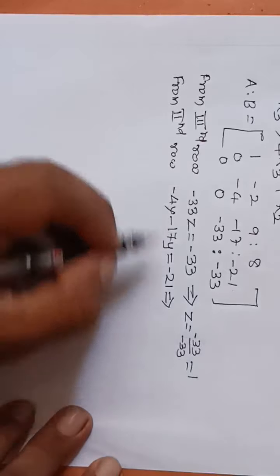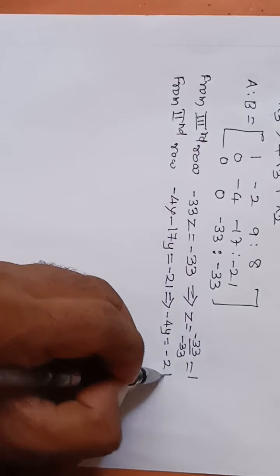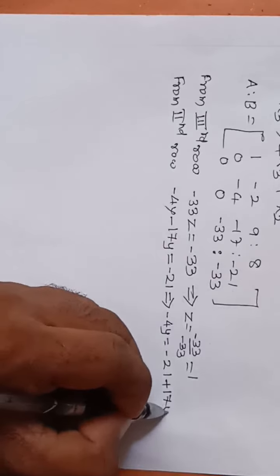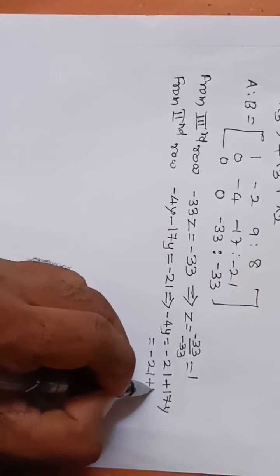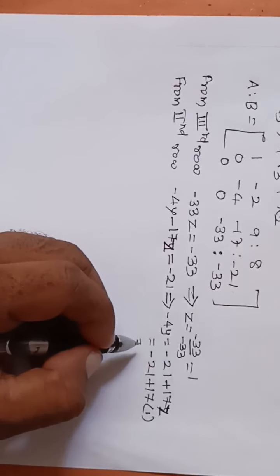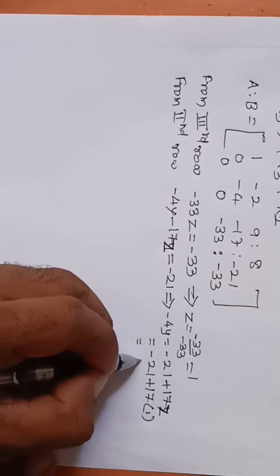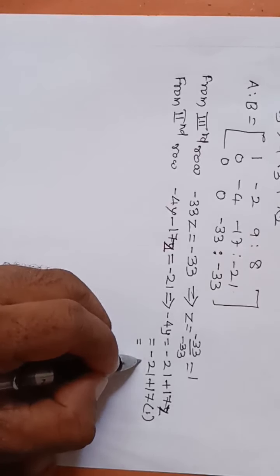This implies minus 4y is equal to minus 21 plus 17z. Since z is 1, minus 21 plus 17 is minus 4.